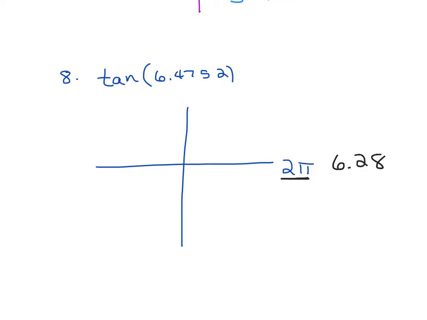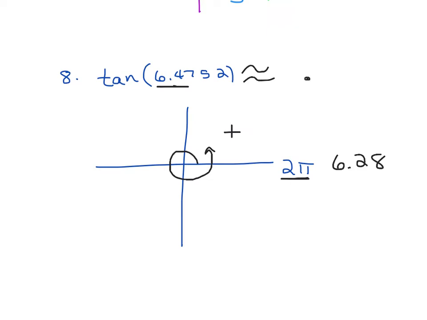So if I'm trying to graph 6.4, notice that that's going to be a full circle and then a little bit more. So you can see you're ending up in that first quadrant where everything's positive. So once I do this in my calculator, I already can anticipate that I'm going to get a positive answer.